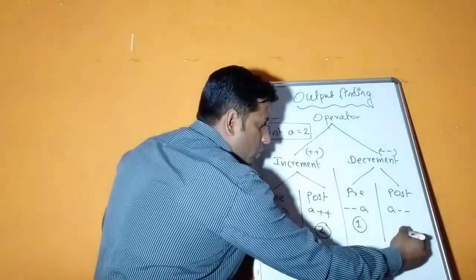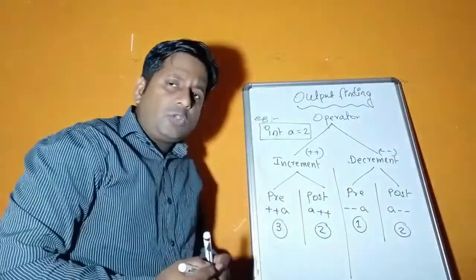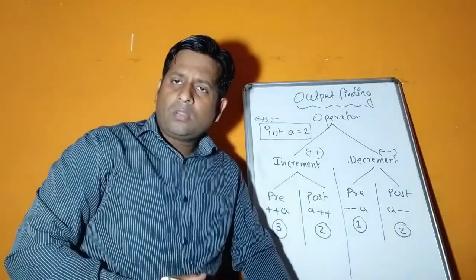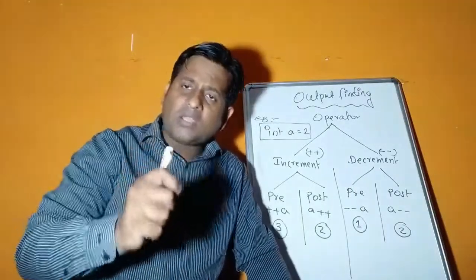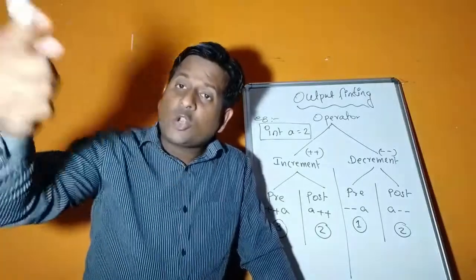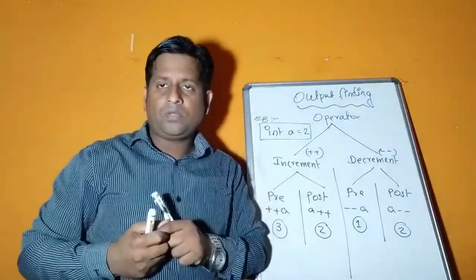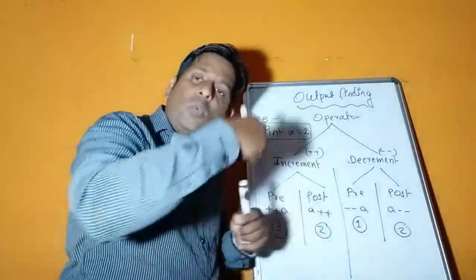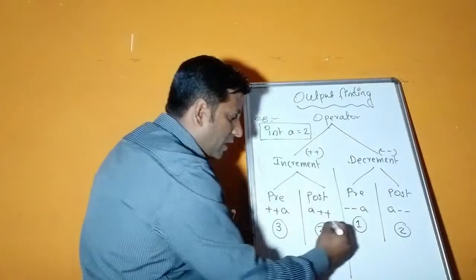Here also 2. Now what about this plus plus and minus minus? They are post, which means later on. We are sending this plus 1 and this minus 1, so let us indicate it by carry.